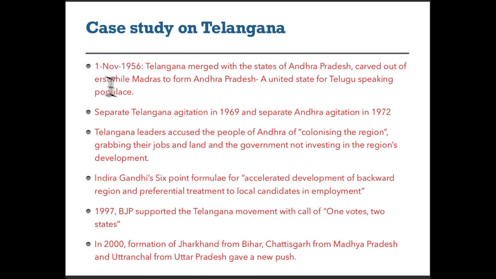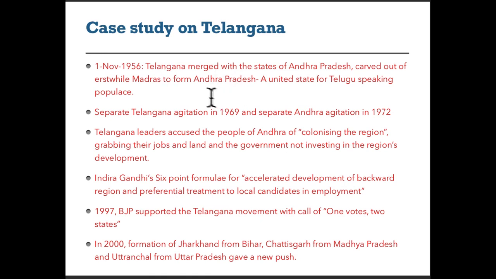On 1st November 1956, Telangana merged with the state of Andhra Pradesh. Andhra Pradesh was formed after the Madras Presidency, which was initially a complete state. On 1st November 1956, Andhra Pradesh was carved out of that, comprising Telangana also, and formed Andhra Pradesh.